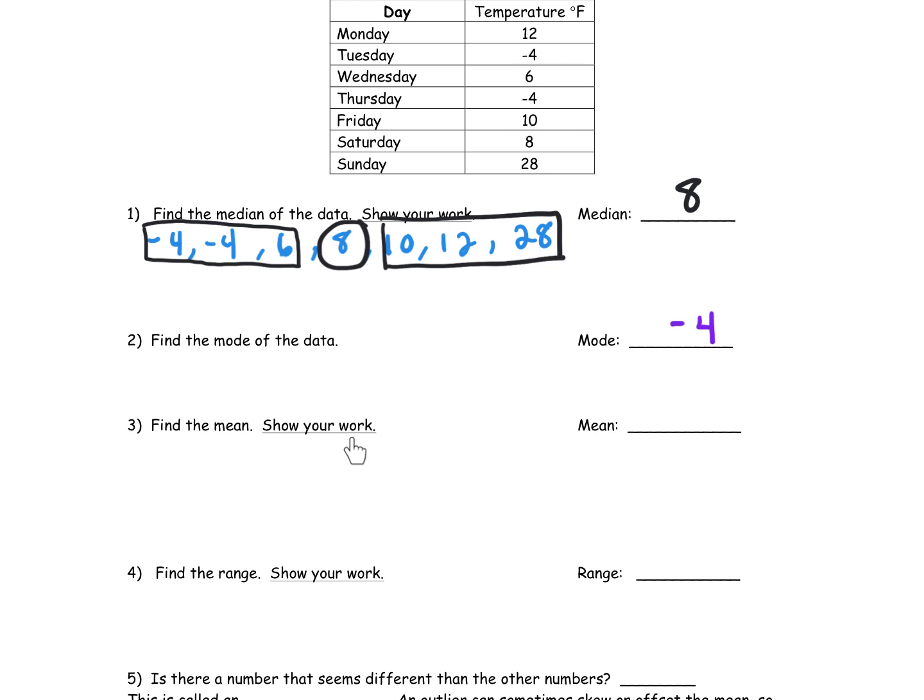Next, we're going to find the mean. And in order to find the mean, we need to add up all of the numbers. So we're going to go back to the table. And you can use your iPad as a calculator to add all of these numbers.